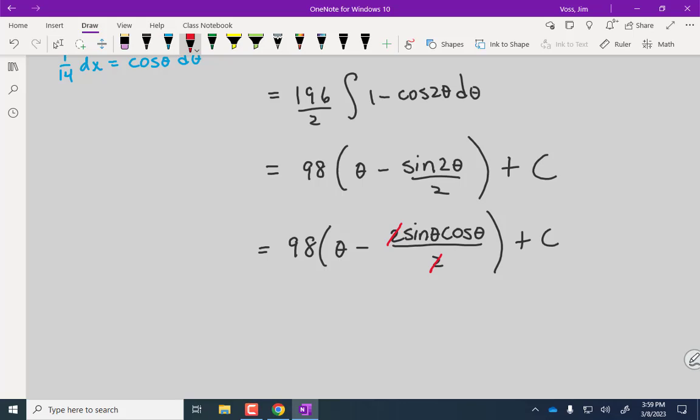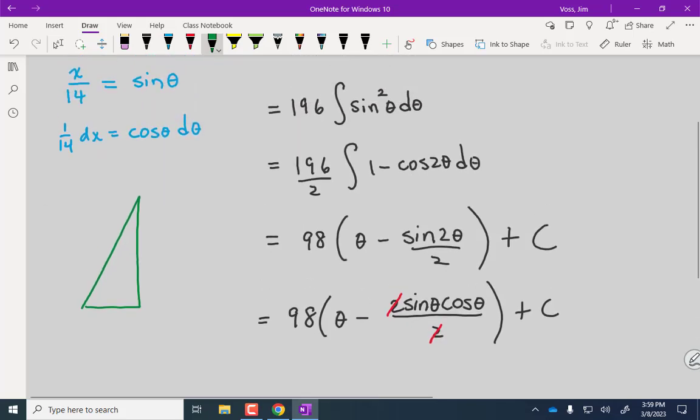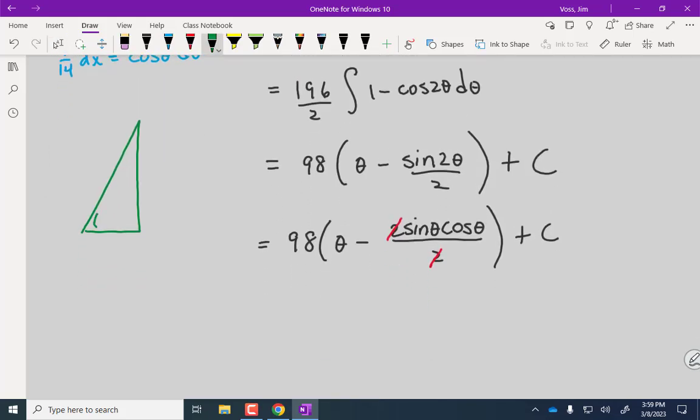Time for our cool triangle. We get to draw. All you creative types, you get to draw a triangle. Sine of theta is x over 14. So we get to draw a picture.